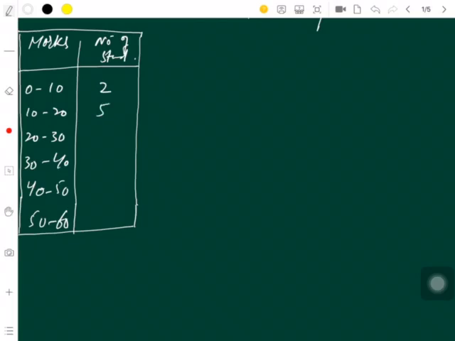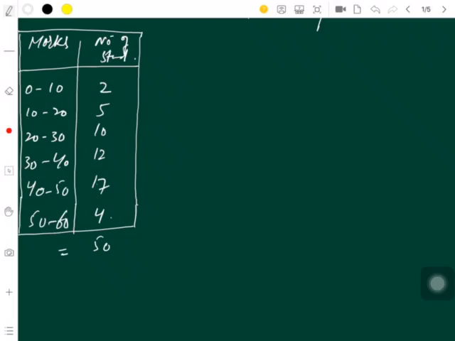Let us say 2, 5, 10, 12, 17 and 4. Total will be equal to 50. So this is data pertaining to 50 students in a class.